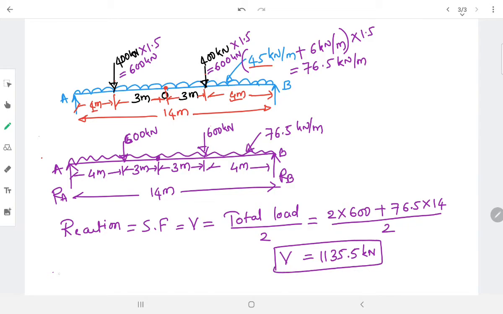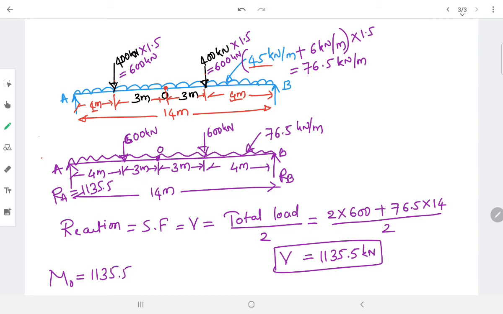Similarly, we need to calculate bending moment in the midspan, that is bending moment at point O. So this is that O point. Take either from the left or right of the section. So here RA is 1135.5.